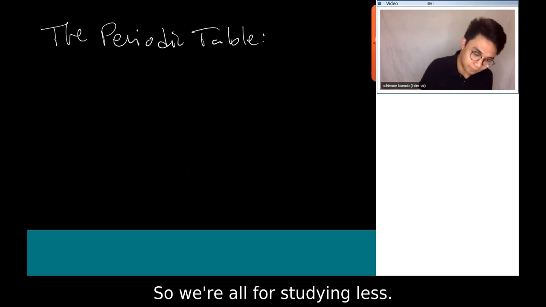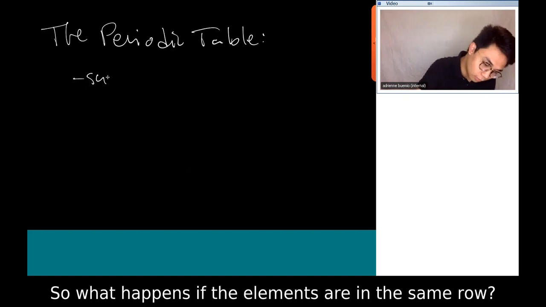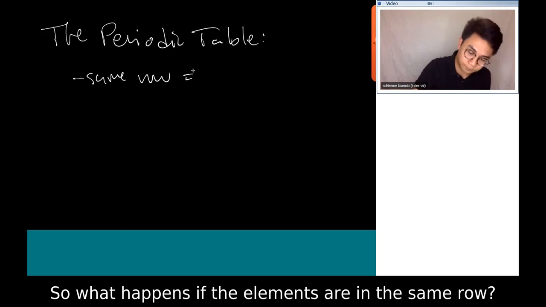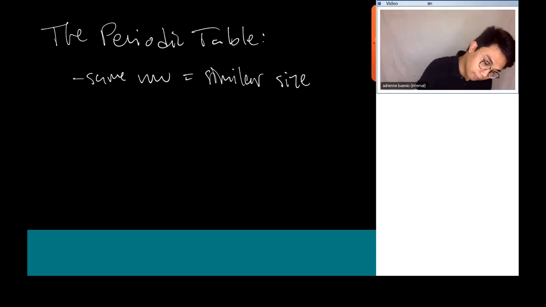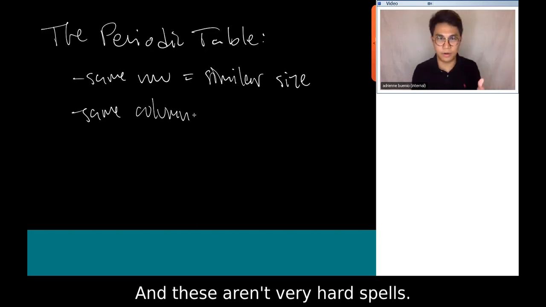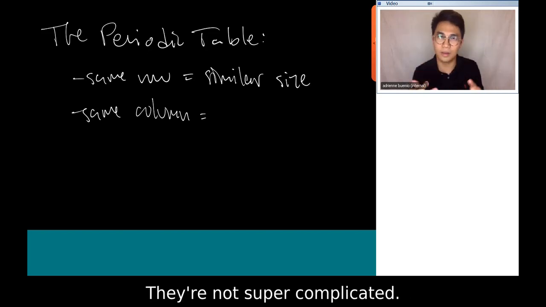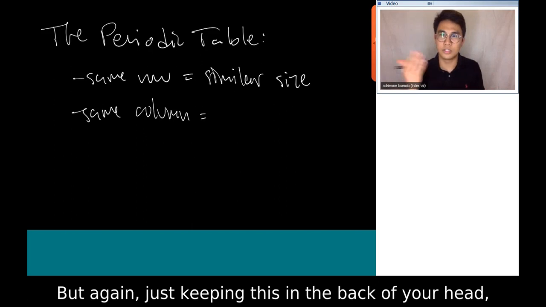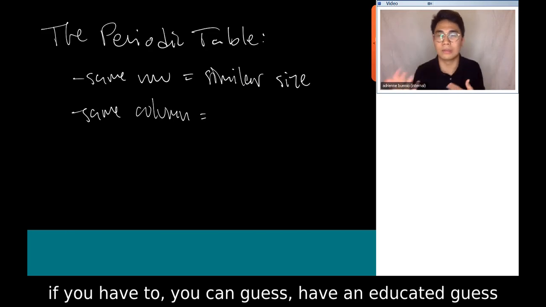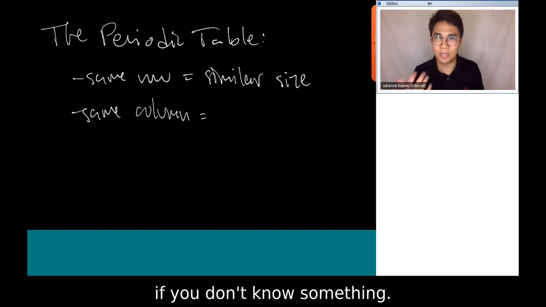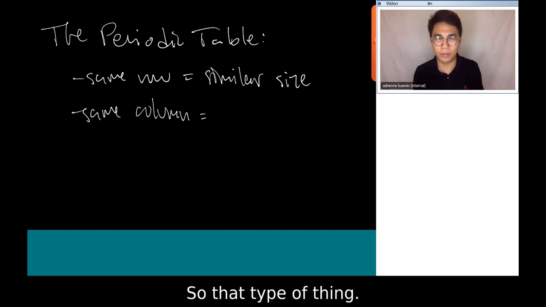Okay. So what happens if the elements are in the same row? Same row means similar size. What about the same column? These aren't very hard, not super complicated, but keep them in the back of your head, because if you don't know something, you can make an educated guess.